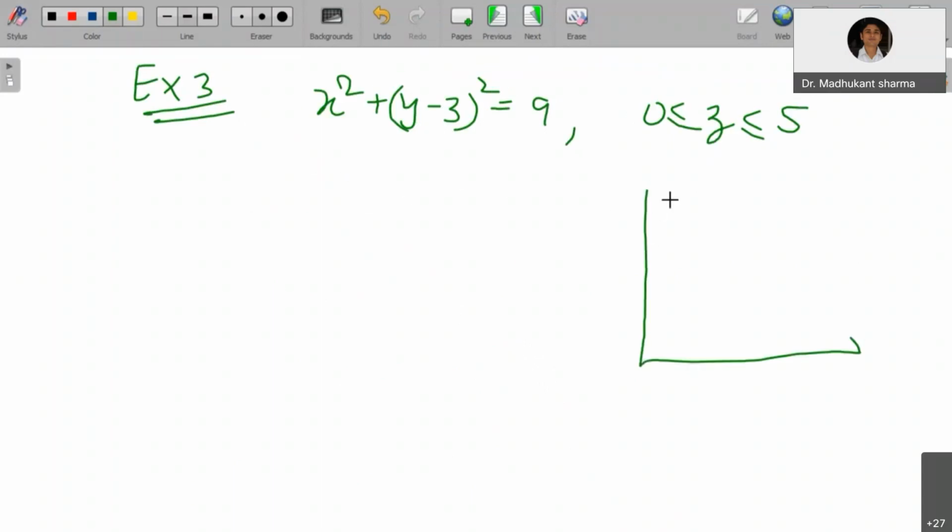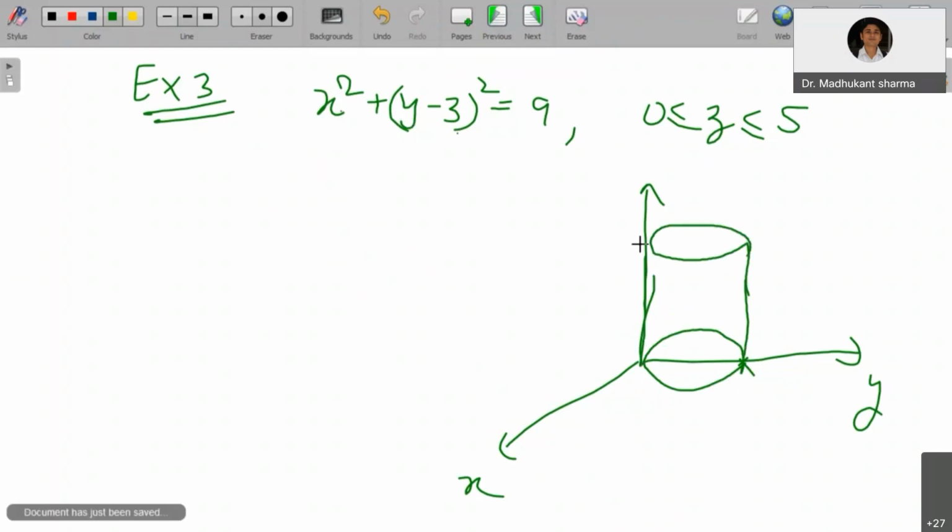It is centered at (0, 3) with radius 3, so in the xy plane you have a circle, and z goes from 0 to 5.